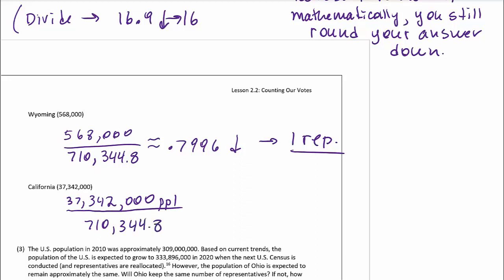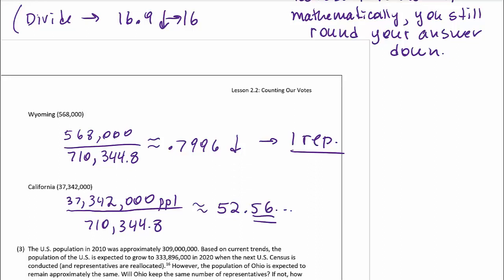Let's see what we get. 37,342,000 divided by 710,344.8 is about 52.56 something. Well, that's a perfect example where this rounds up mathematically to 53, but again, this is not enough to make it a full representative. You don't have enough population. You see what I'm saying?